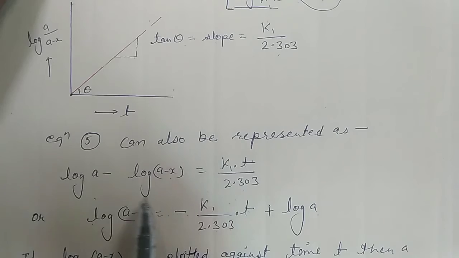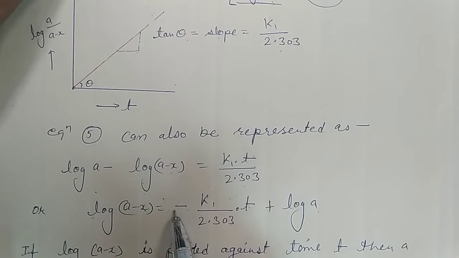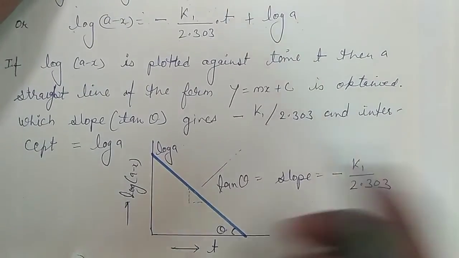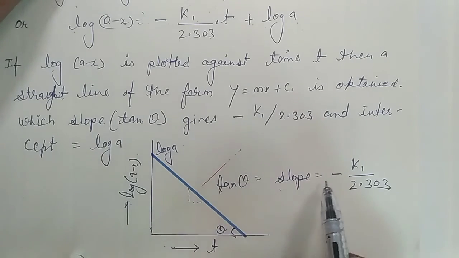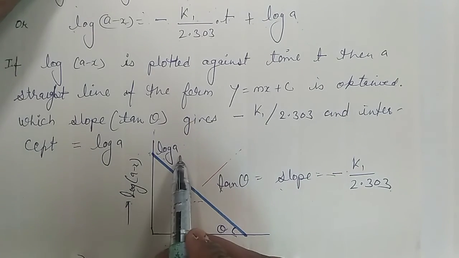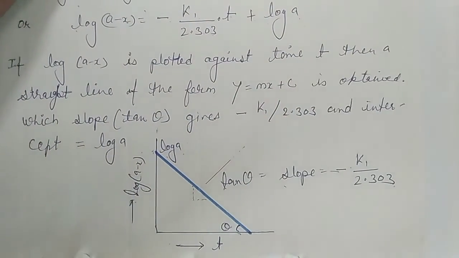Okay, now if we plot the graph between log A minus X and t, then a straight line is also obtained, but in the opposite direction. Its slope is given by minus K1 upon 2.303 and its intercept by log A. See, this will be the graph: log A minus X on one axis, t on the other, with angle theta, its slope tan theta equal to minus K1 upon 2.303, and its intercept shows log A. This is the first order reaction completely.